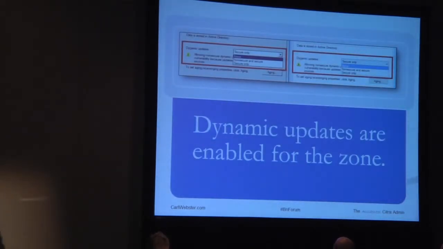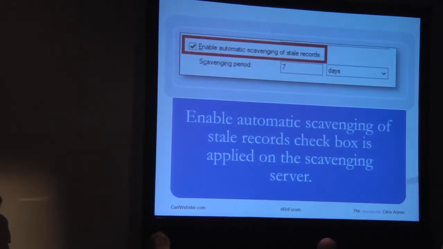When dynamic updates are enabled for the zone, it will set the start scavenging time. You can have everything else set, all the other checkboxes that you need for aging and scavenging, but if dynamic updates are not enabled, the start scavenging time will never be configured. And once you set this, the start scavenging time will be calculated.